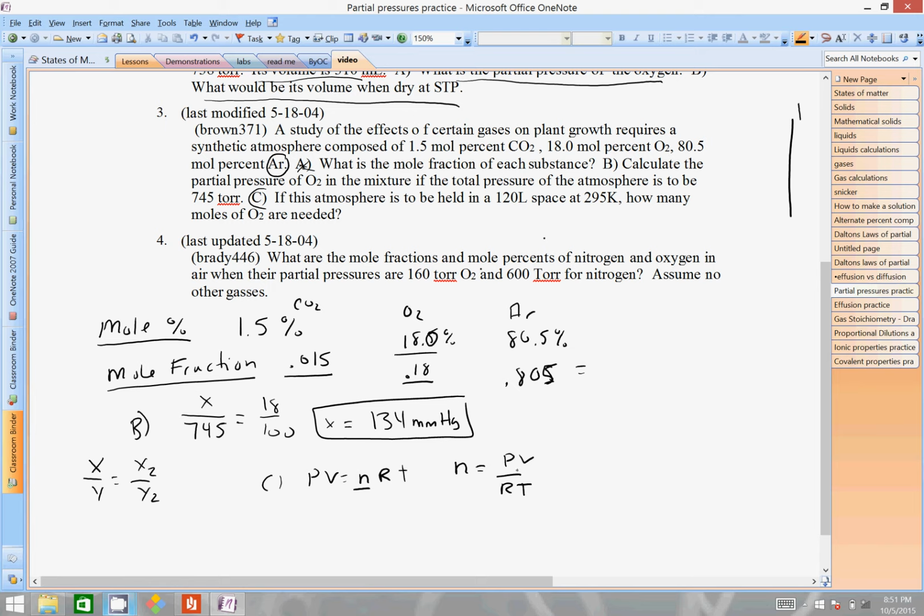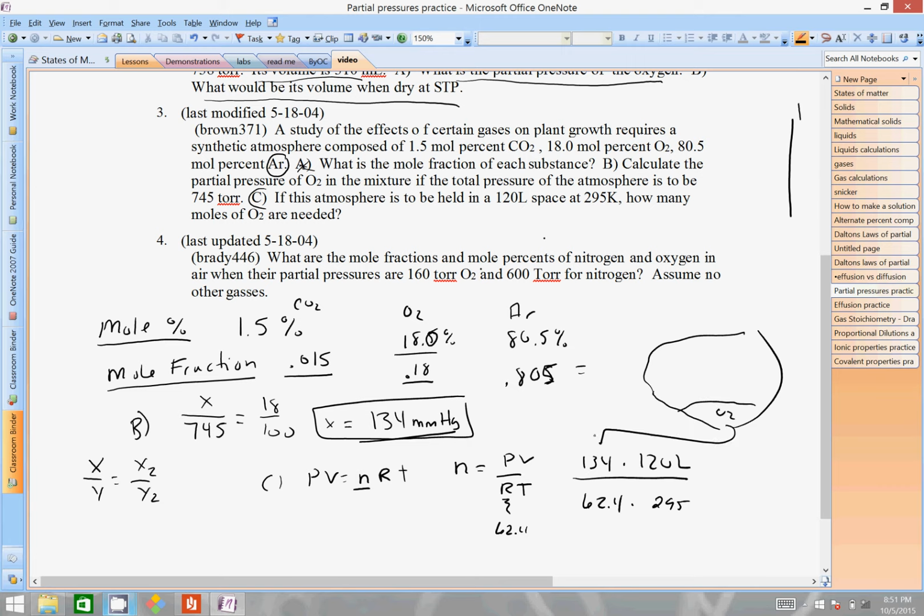For pressure, I want to use just the pressure of the O2, which is going to be 134 millimeters of mercury, times the volume, 120 liters. Now R, I used 0.0821 in a previous problem, but since we're using torr here, it's 62.4. And the temperature is the temperature of the system, 295. I have my entire sample here, and only a small portion of it is the O2, and that's the portion I'm using because of that pressure.